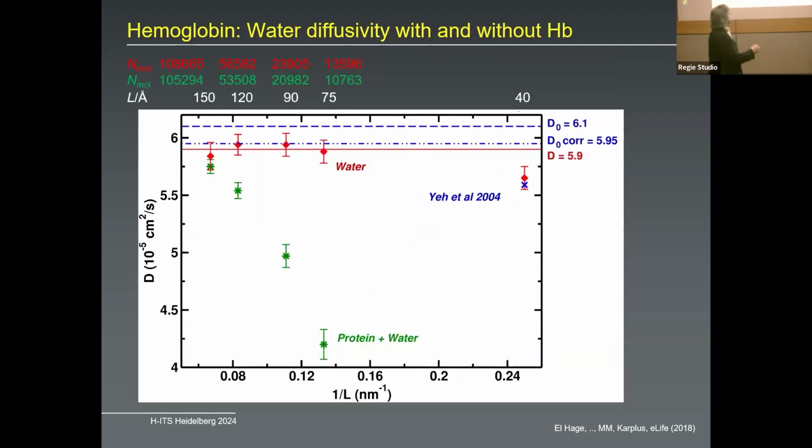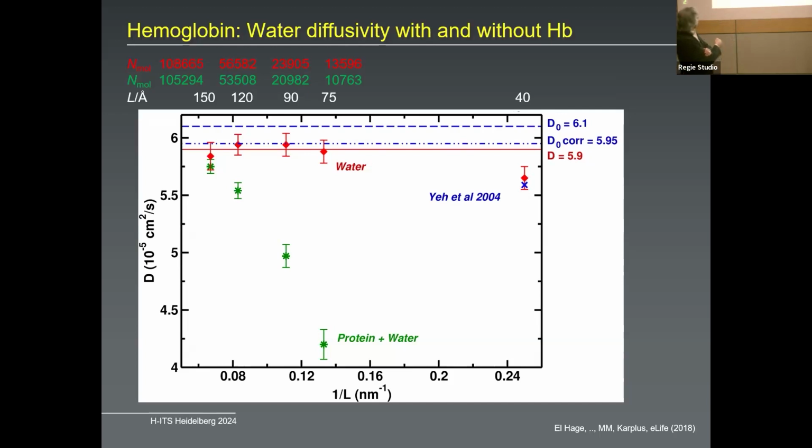We can plot this as a function of system size. So we looked at the water diffusion coefficient, and you see the water at 75 angstroms is just fluctuating around the corrected value from Gerhard. Whereas in the protein plus water system, in the smallest system, the water is much too slow.